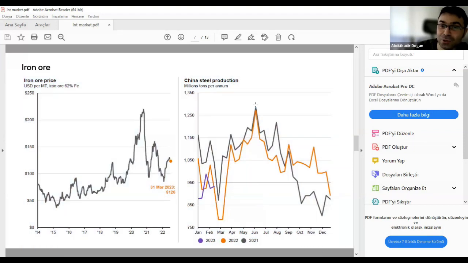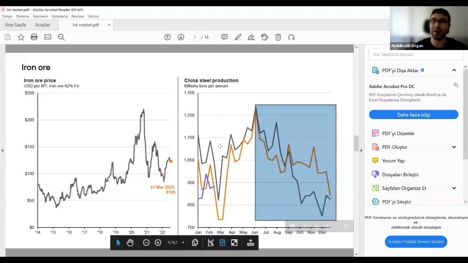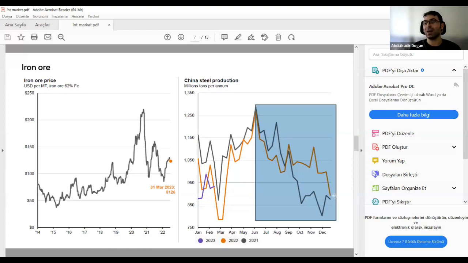After that, as you see, when the developed and emerging markets found alternatives and cut their production and found other alternative sources to compensate for China's steel and iron ore production, the prices started to decrease and turn toward their average trend line.